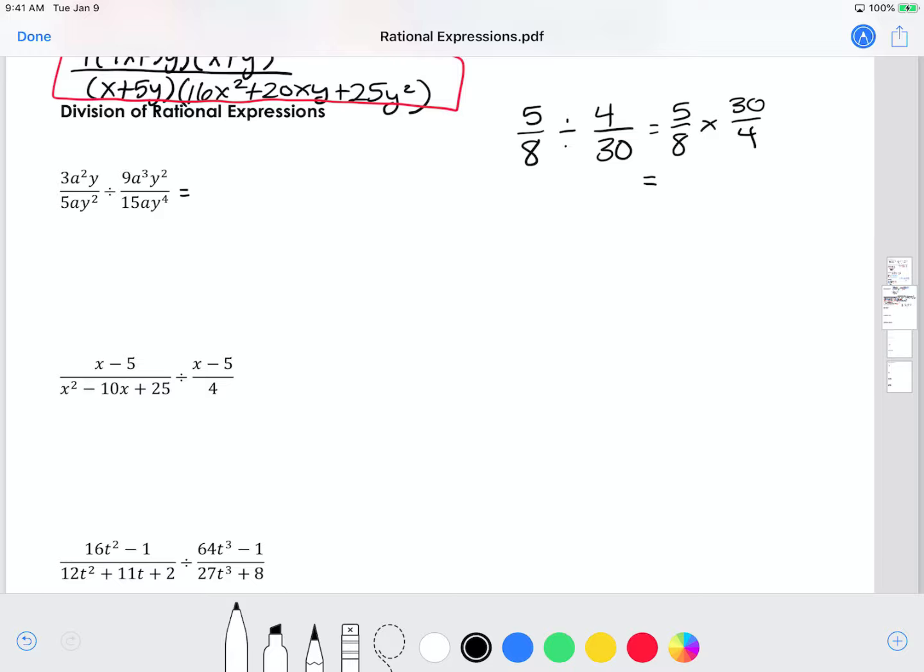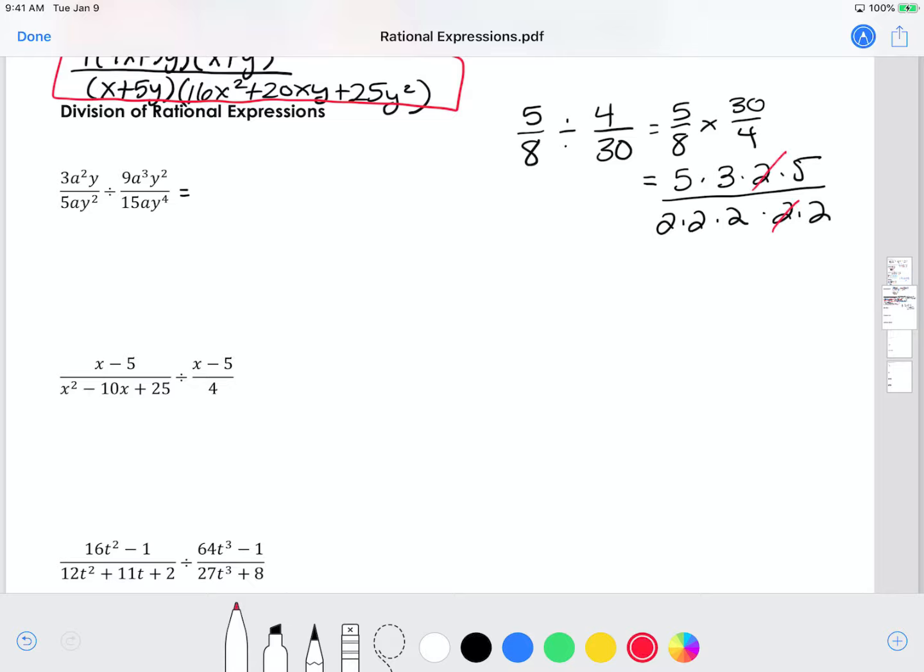And then I would factor everything on the top and the bottom. So I have 5 times 30, which is 3 times 2 times 5, and that would all be over 8, which is 2 times 2 times 2, and 4, which is 2 times 2. And then I would cross off anything that they have in common.